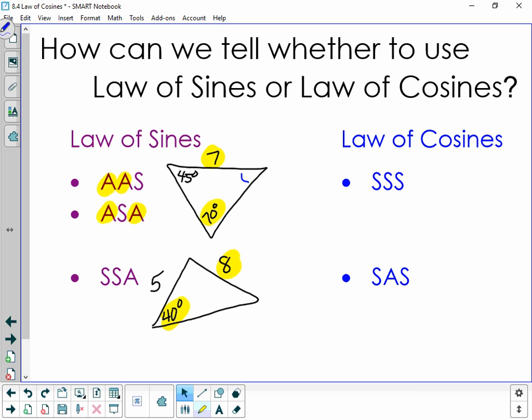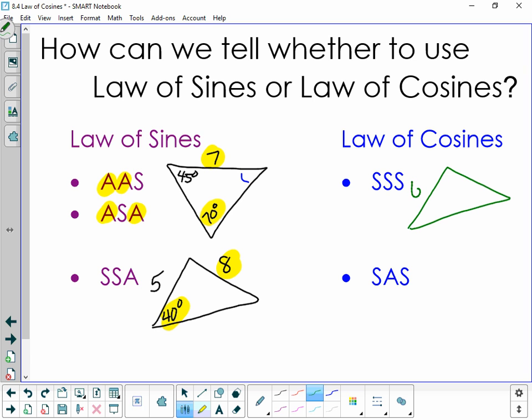The law of cosines you'll use in cases where you know all of the sides and you need to find some angles. So there's no partnerships here. And the other case would be if you know two of the sides and you know the angle between them. In this case, again, there's no partnerships. You know this angle, but not this side.